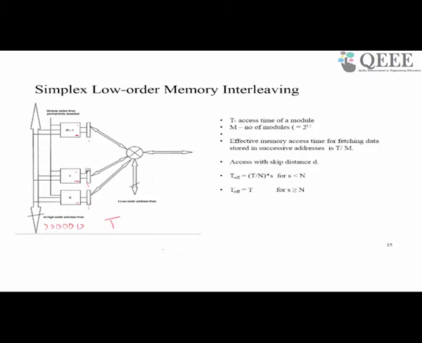So all memory modules can be used to fetch data in parallel, and effectively in a duration of t, we can have up to n references going on in parallel, which means the effective time to fetch a data item is t by n, because n data items are fetched in a duration of t. So all accesses will go on in parallel.